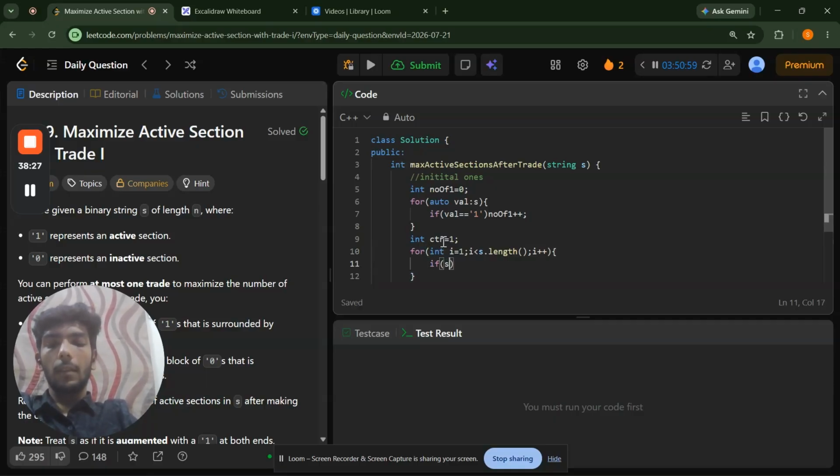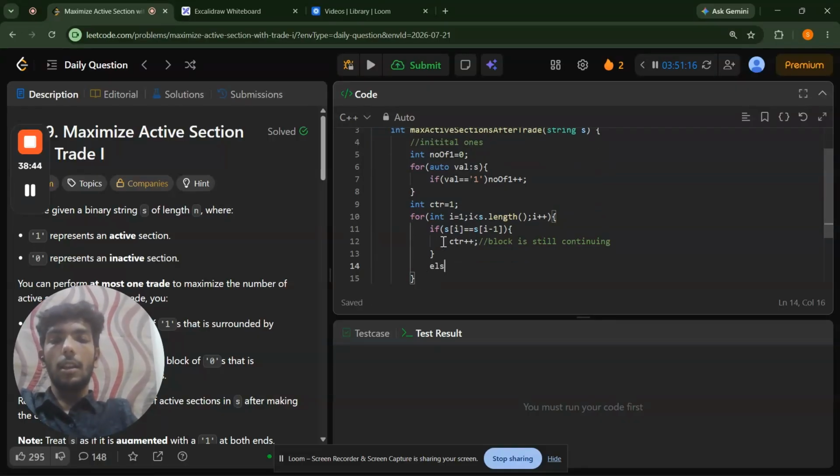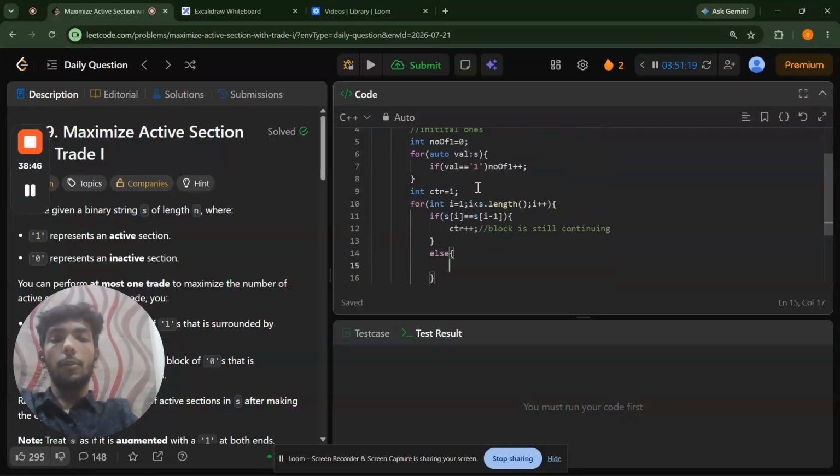If this one is equal to the previous one, what we do is counter plus plus, meaning this block is still continuing. Else we need to create one vector.